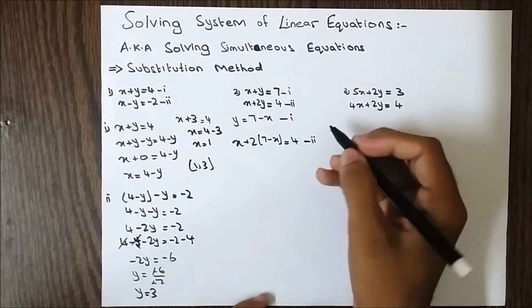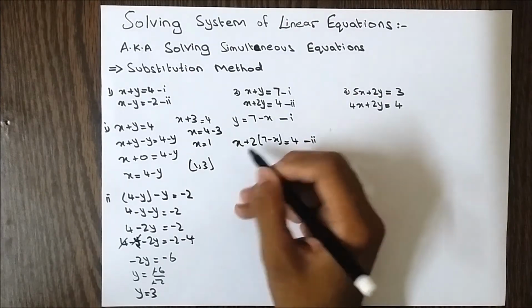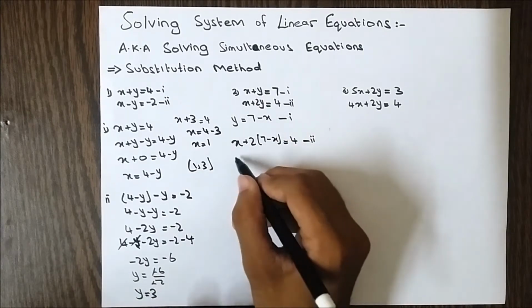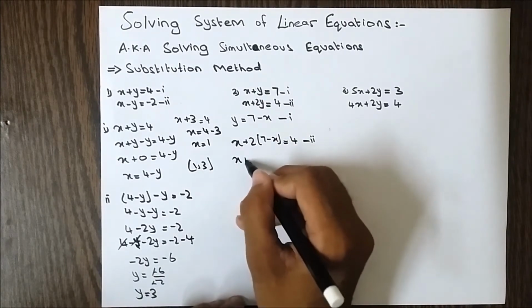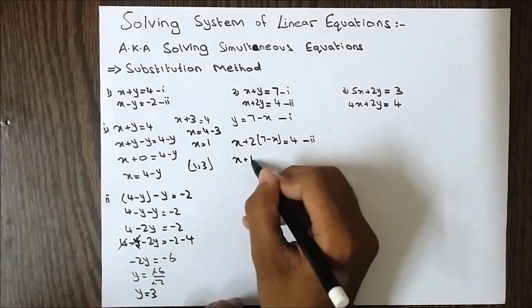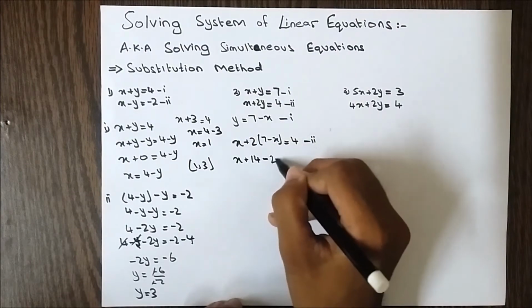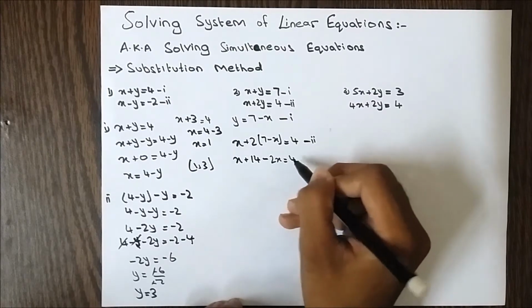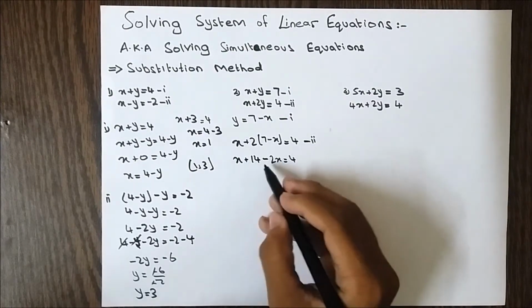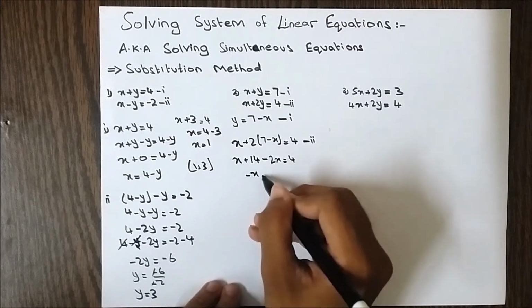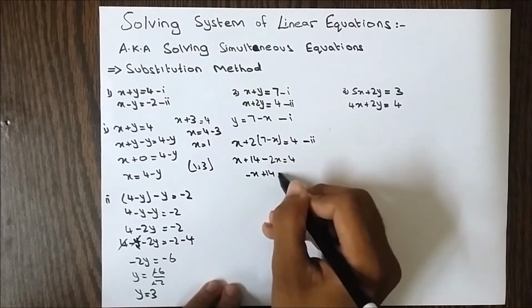Okay, so when we multiply the 2 with all the things in the bracket, we get x plus 2 times 7 is 14, plus 2 times minus x is minus 2x, equals 4. Okay, so we have two terms in x, x minus 2x, which becomes minus x plus 14 equals 4.